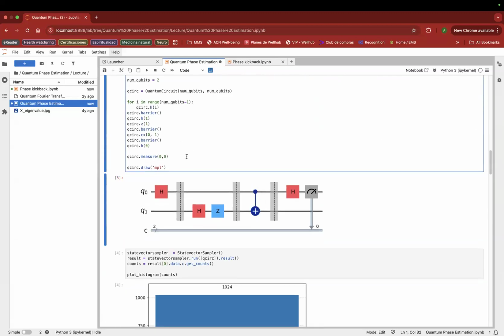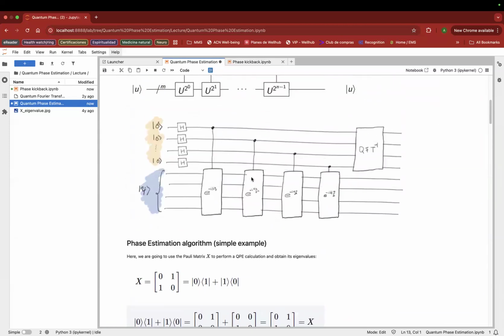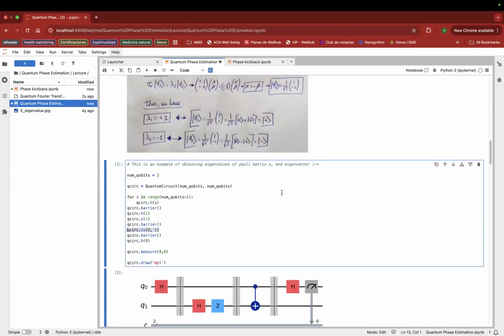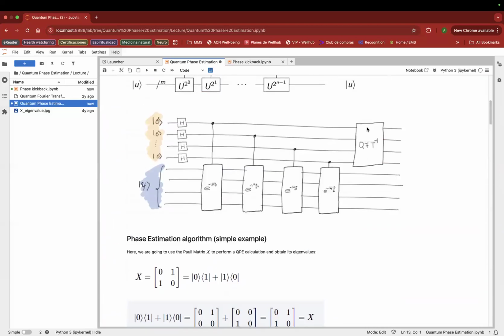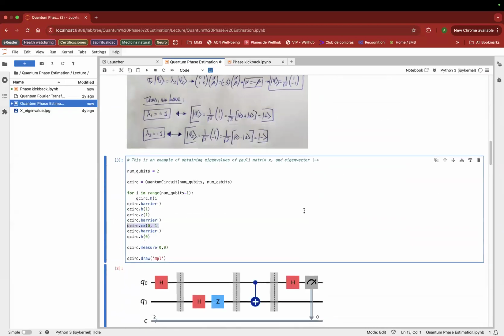Quantum phase estimation algorithm, the CX gate, as we want to get the phase, the eigenvalue of the X operator. So we need to do both: the quantum phase estimation algorithm, the controlled operator quantum gate, and finally the inverse quantum Fourier transform.